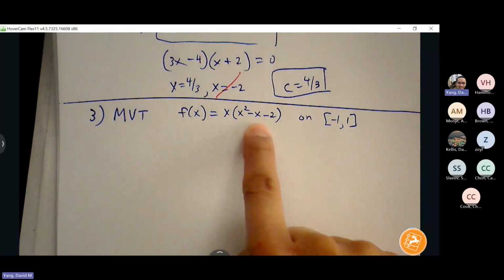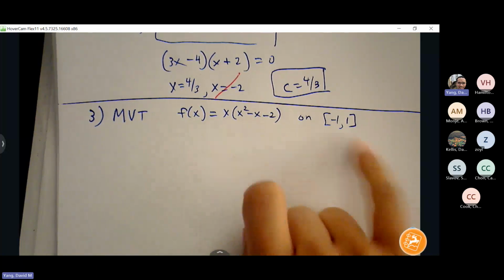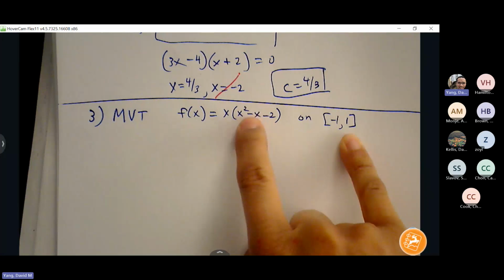Okay, so again, we're dealing with a nice polynomial. There's no denominator to worry about, so our function will pass all the conditions, continuous and differentiable.